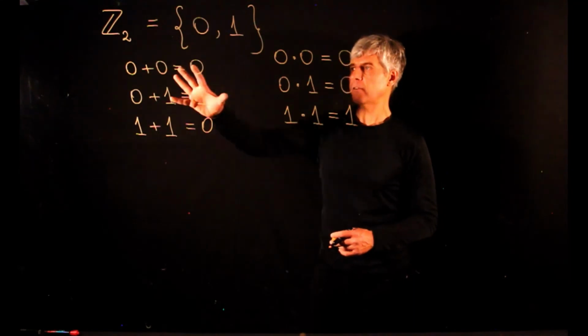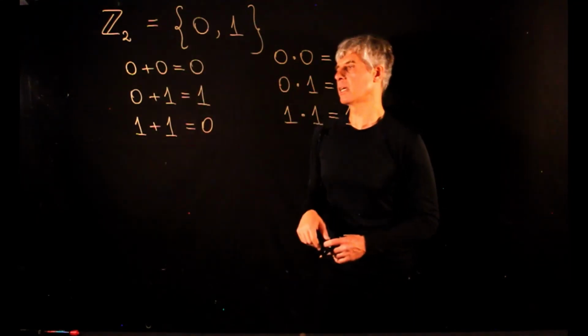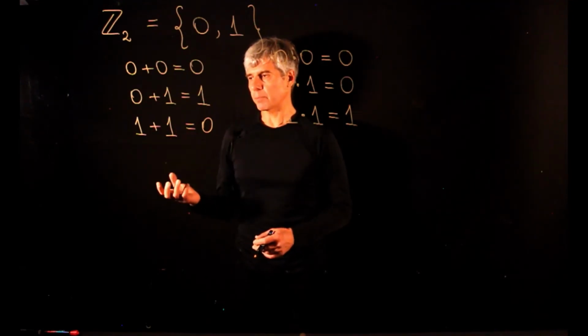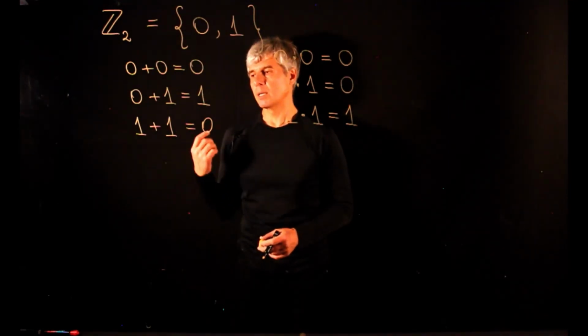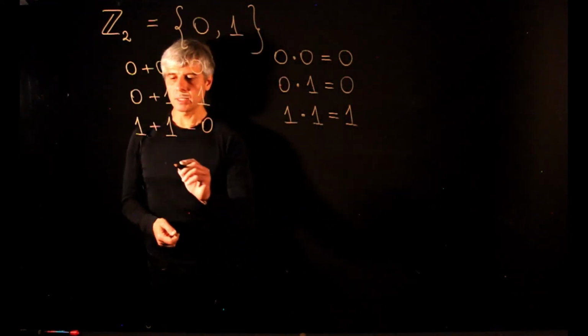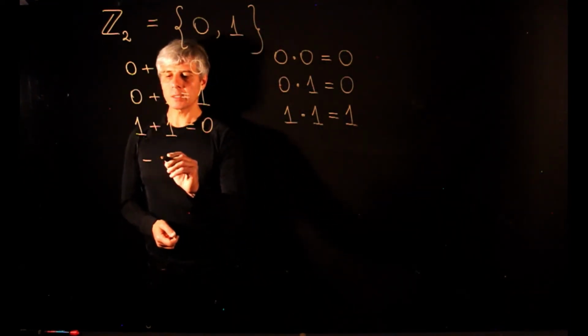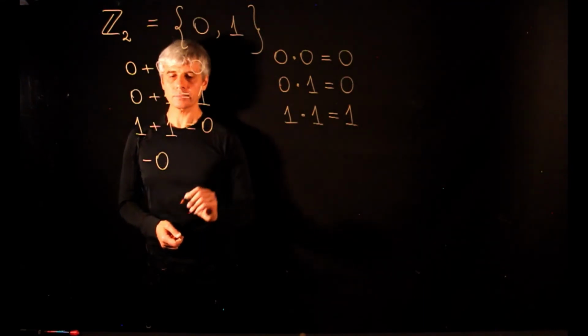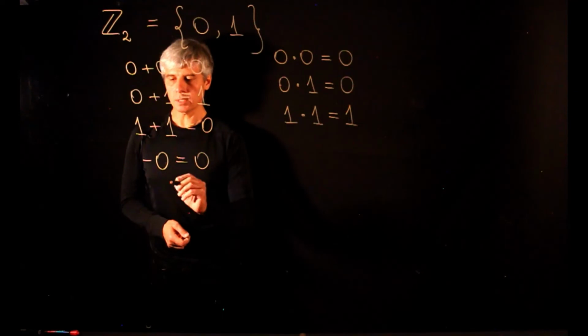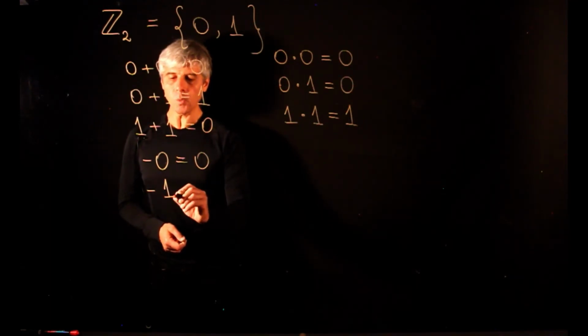But if we define addition and multiplication, then actually the unary operations can be recovered from here. So, for example, the opposite of 0 is equal to 0, and the opposite of 1 here.